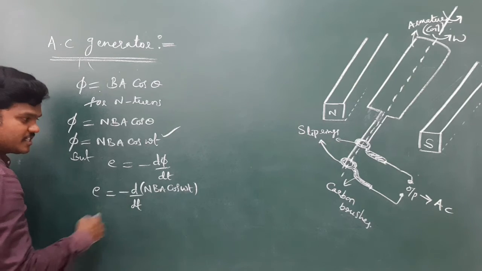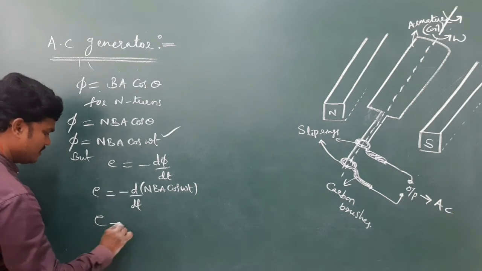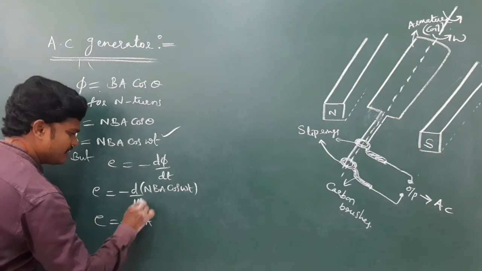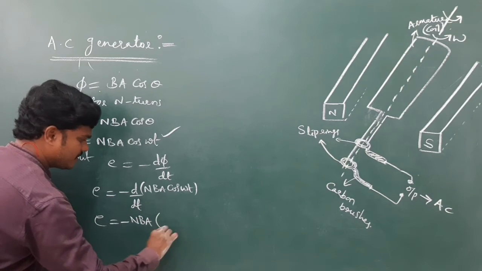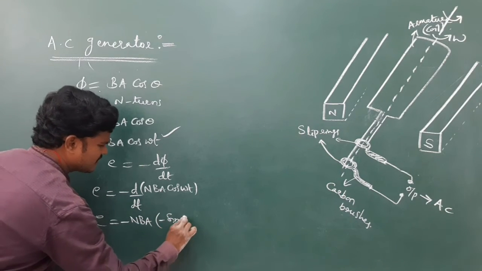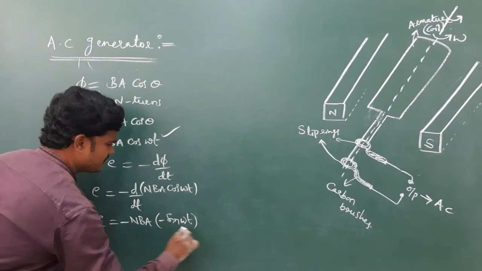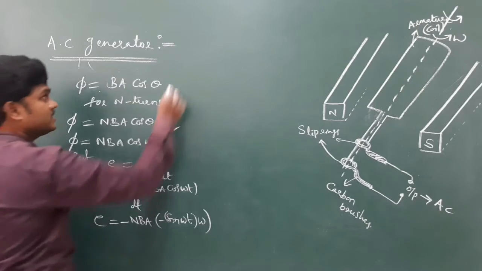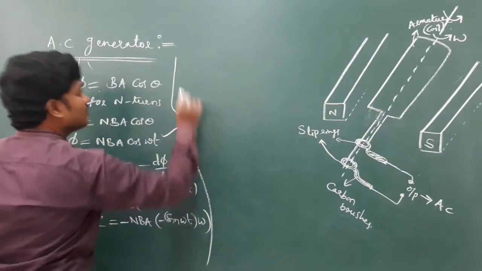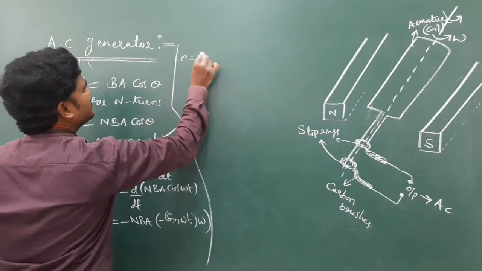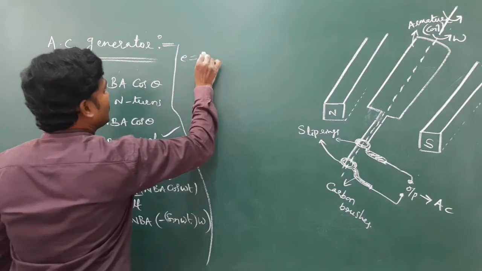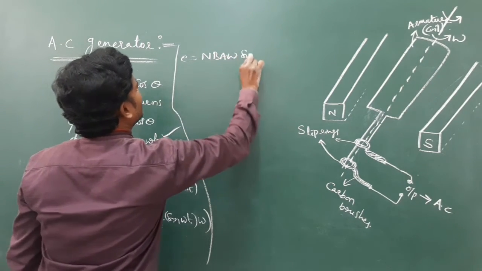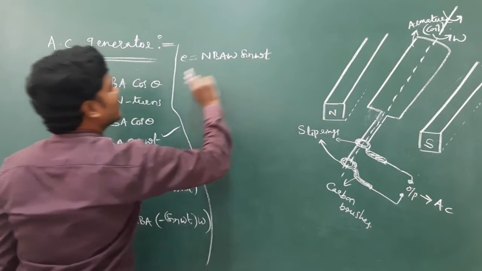Here NBA is constant, so minus NBA times the derivative of cos omega t, which is minus sin omega t, and the derivative of omega t is omega. Now minus of minus becomes plus. So EMF is equal to NBA omega sin omega t.